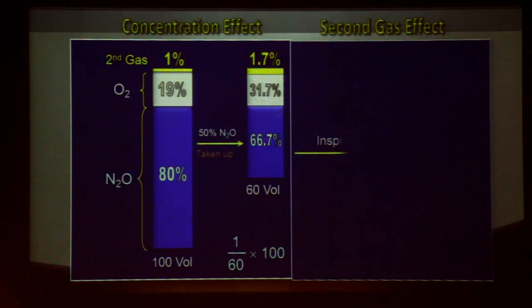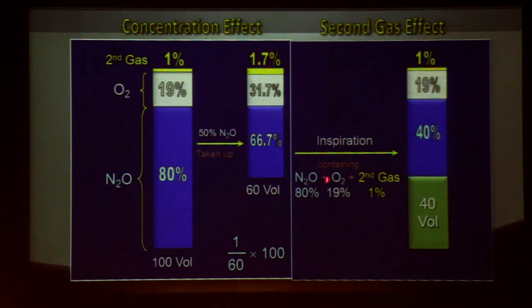Now let's see the second gas. Now the patient takes another volume of ventilation. He takes an inspiration. So this time he will take the whole of this volume, that is 80% nitrous oxide, 19% oxygen and 1% of the gas. So the next tidal volume the patient is going to inspire this. So what happens to this?